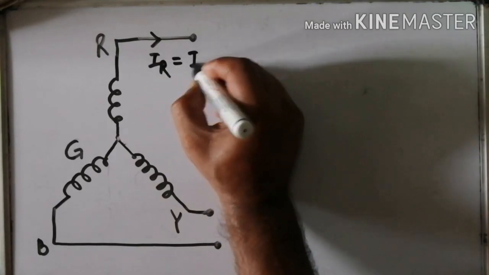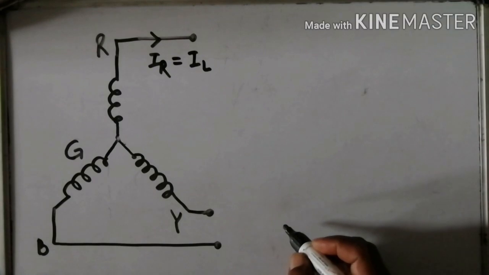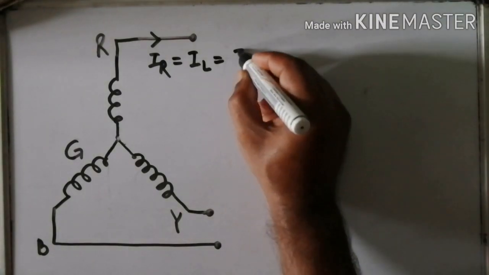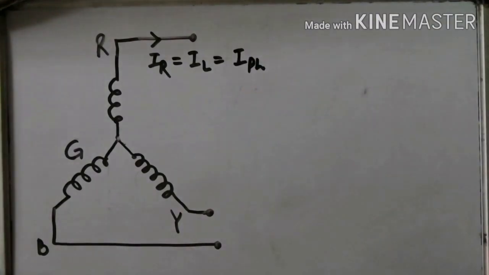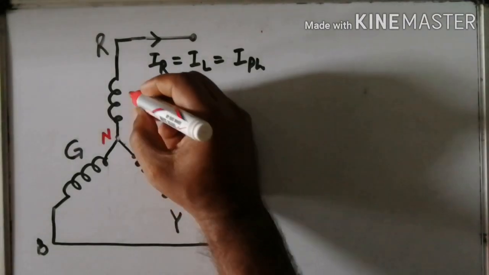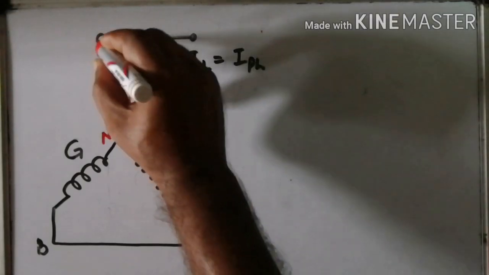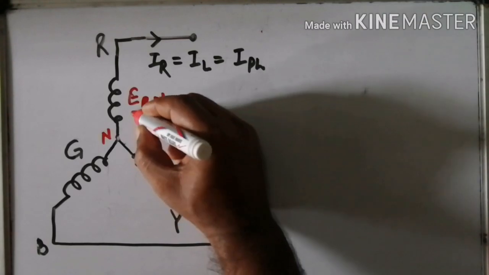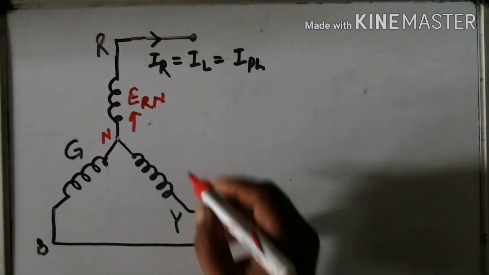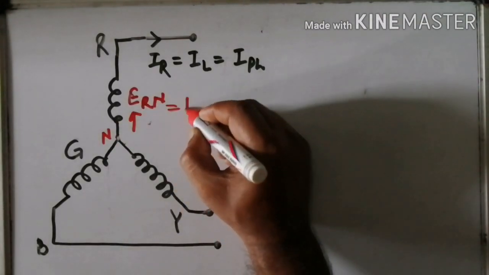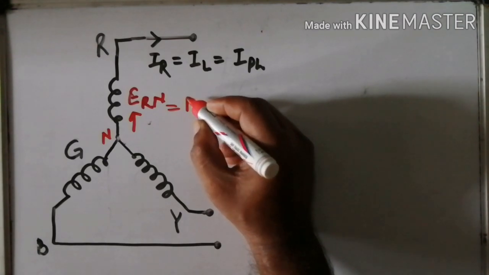It is also equal to IL, that is the line current, which is also known as the phase current. This one is the voltage of the red phase with respect to the neutral, right? And this one is also known as the phase voltage.